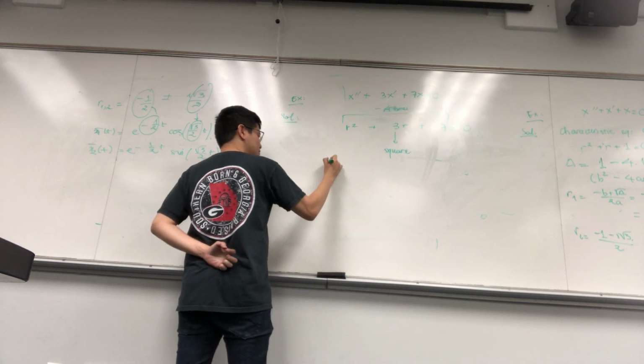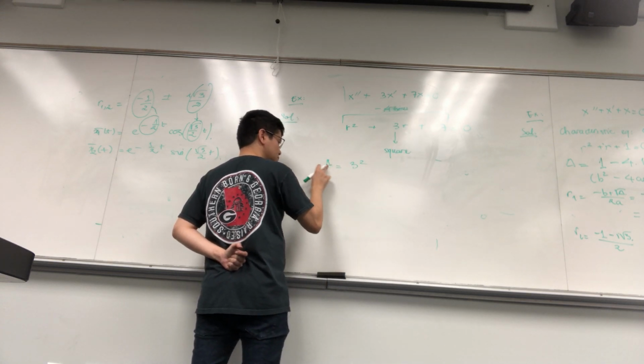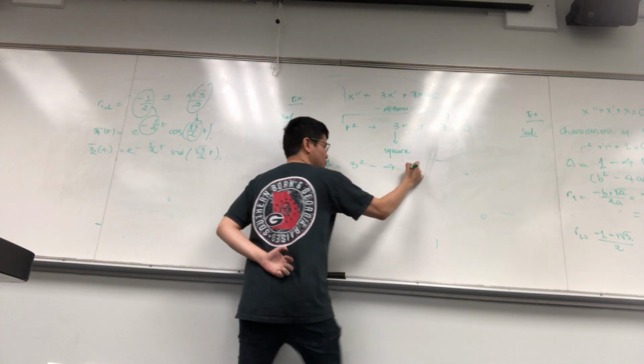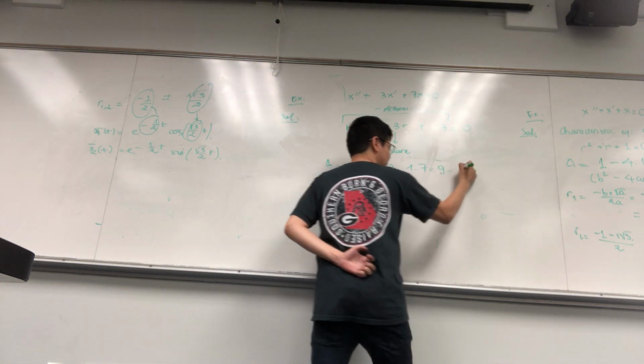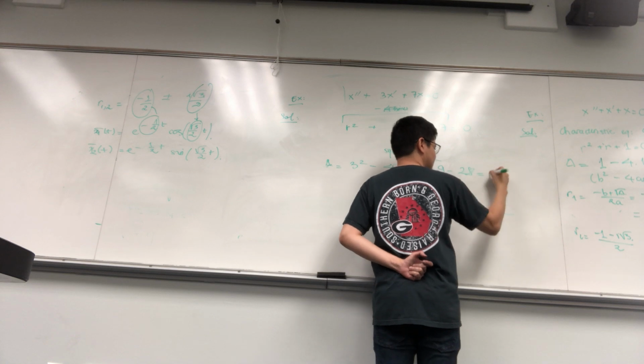So what you do is the delta is 3 squared minus 4 times 1 times 7, and this is 9 minus 28, and this is minus 17.